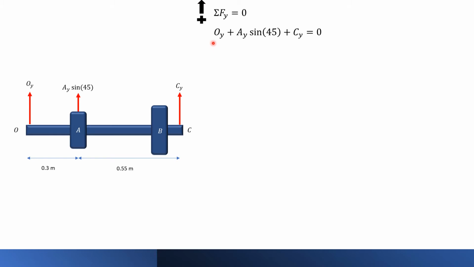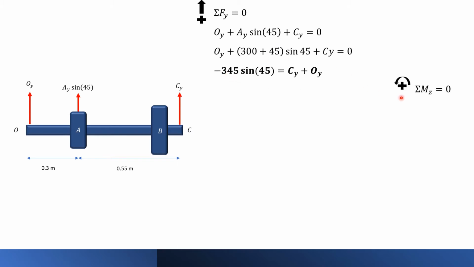The equation is OY plus AY sin 45 plus CY is equal to 0. 45 here is the degree that we have known before, and all the signs are positive because all the forces are going up. For AY, we obtain the value from 300 Newton plus 45 Newton, and from here we can write the equation like this.